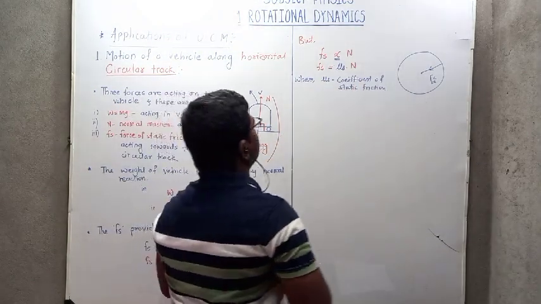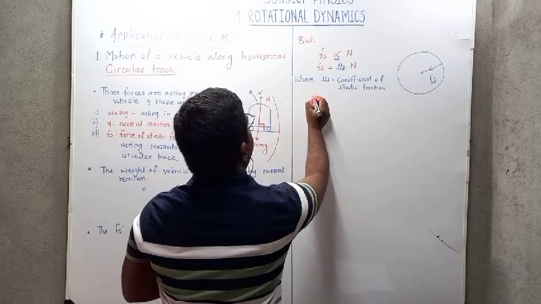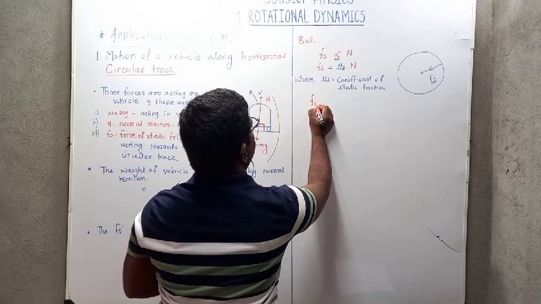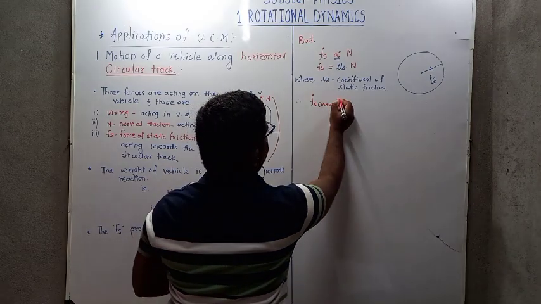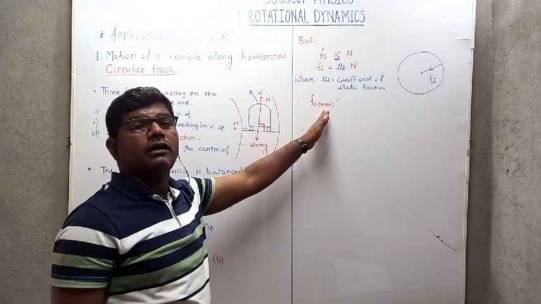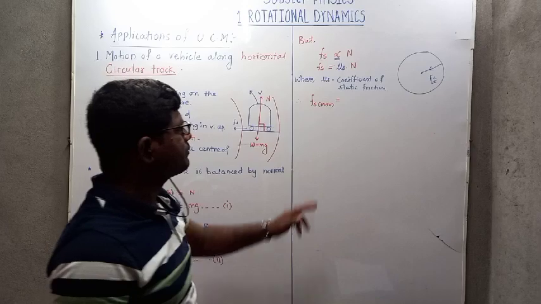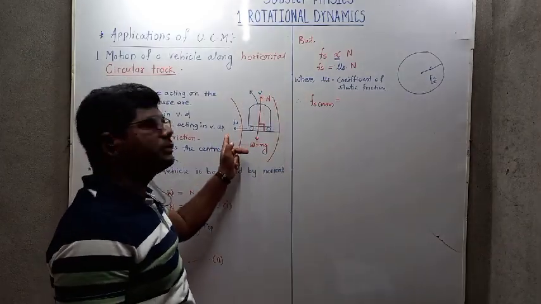Therefore, the maximum force of static friction can be written as, and this Fs is for maximum velocity. Earlier we studied that as v increases, Fs also increases.